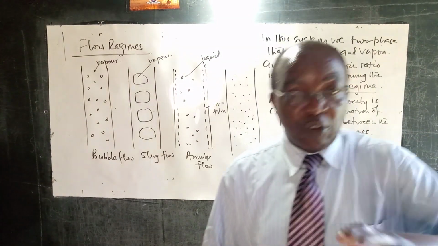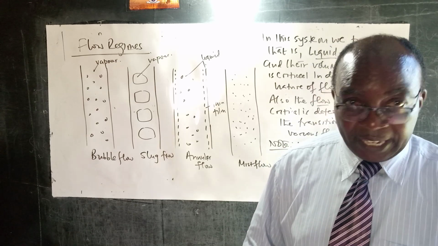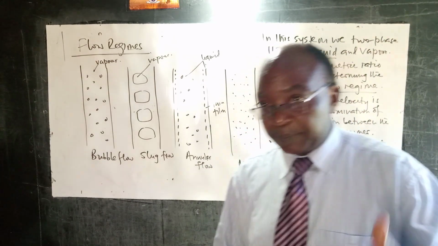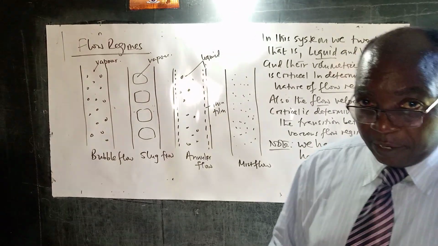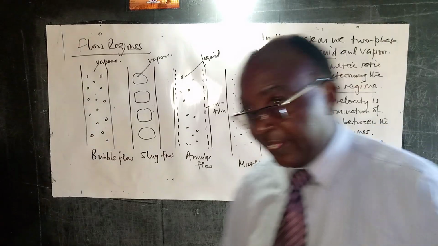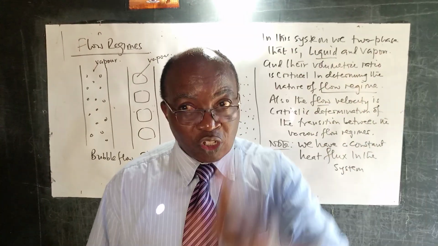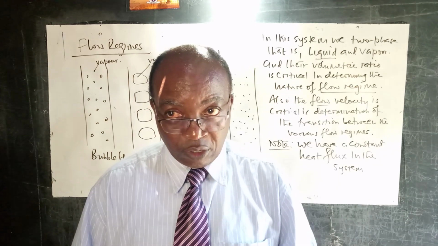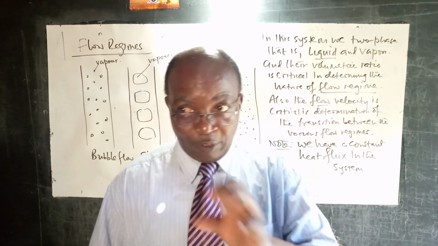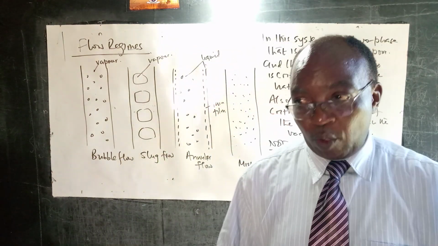In other words, we have the two phases in this system. And secondly, the flow velocity is also very important in determining the transitions between these flow regimes. And always remember, like we mentioned, that the heat flux is constant in the system, not on the walls of the tube, but in the system. And you are going to see why I've emphasized that.